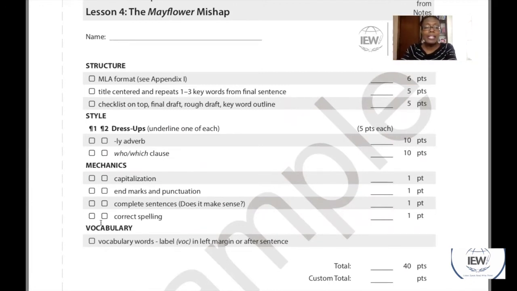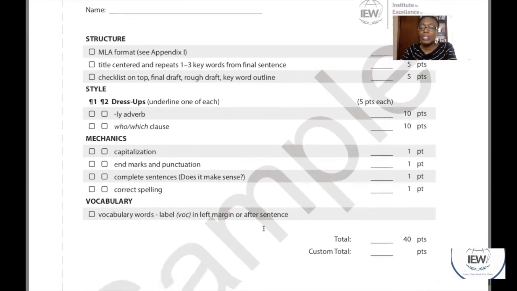And then last but not least, vocabulary words. Each week, the students are given a set of vocabulary words that should be included in their paper. It doesn't come with a point value on the main checklist, but you can add a point value if you'd like. So if they include vocabulary, what you can do is just give them 0 points and just have them check that they included vocabulary.